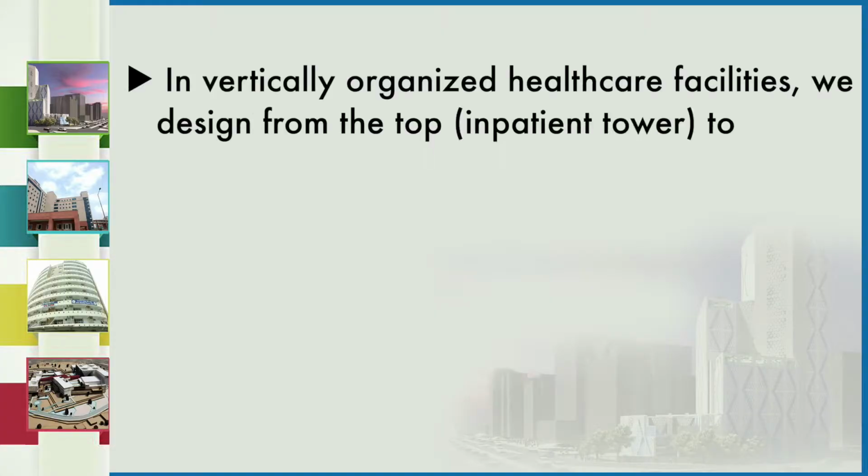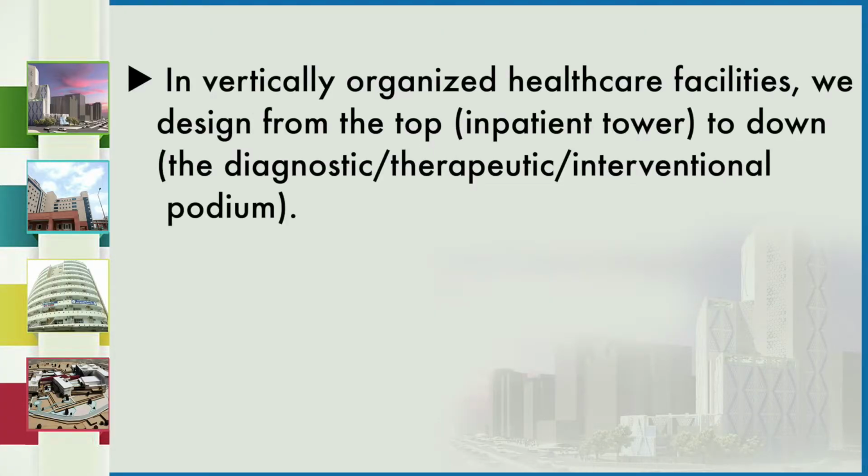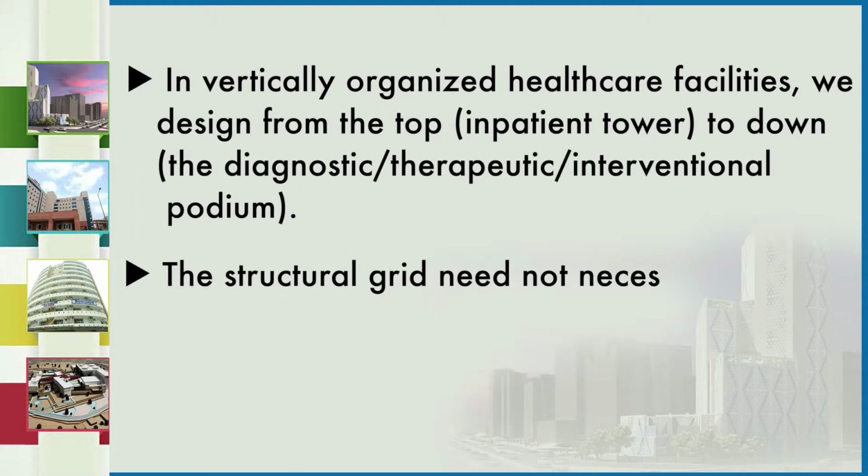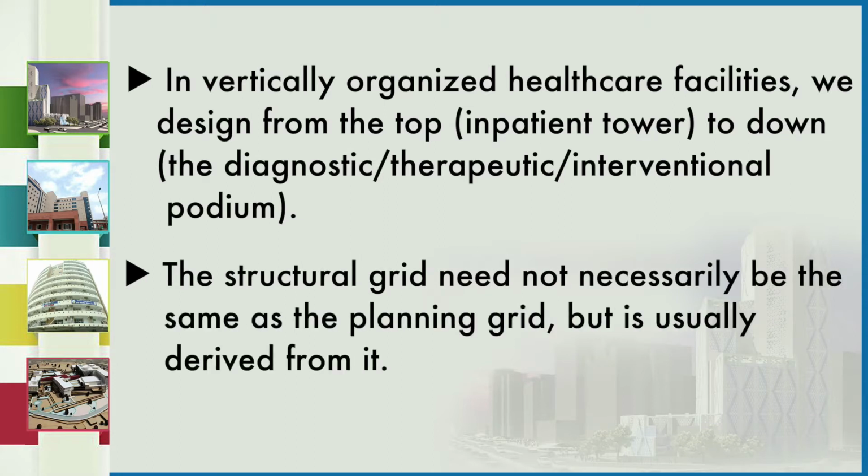In vertically organized healthcare facilities, we design from the top inpatient tower down to the diagnostics, therapeutic and interventional podium. The structural grid need not necessarily be the same as the planning grid, but is usually derived from it.